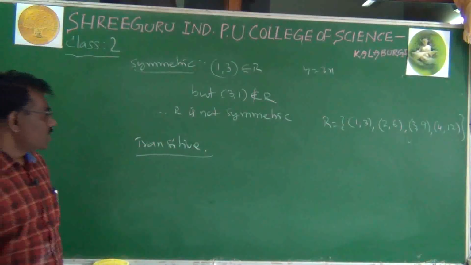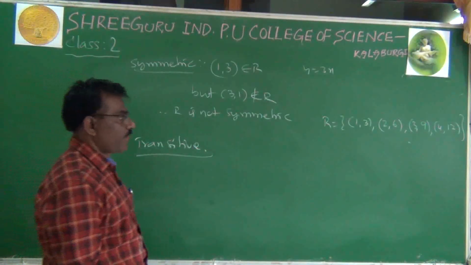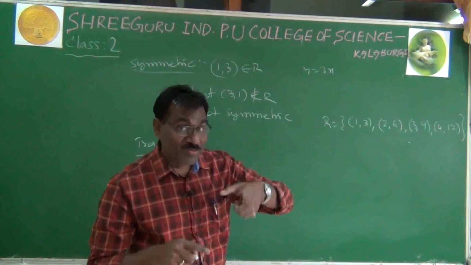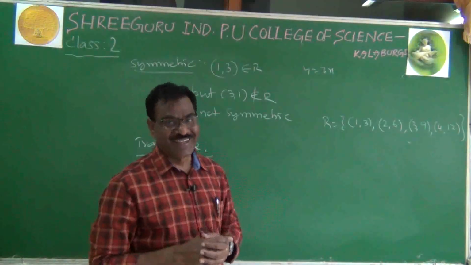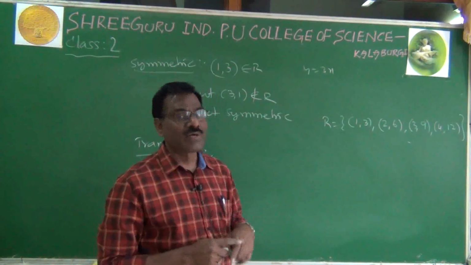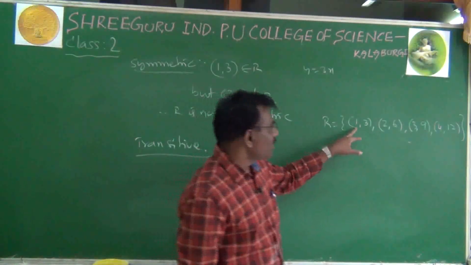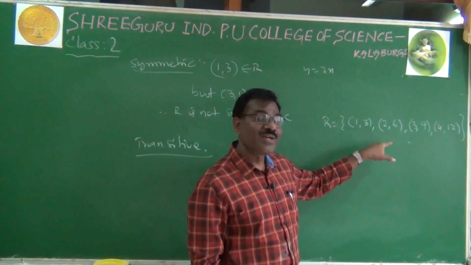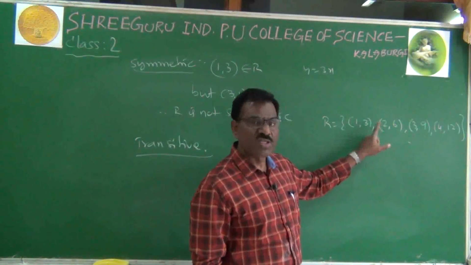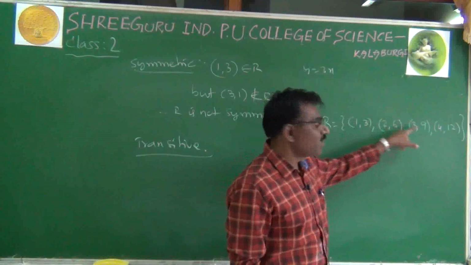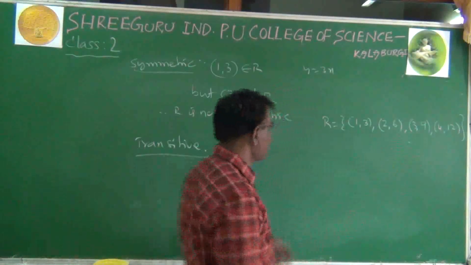So whether transitive is possible or not. Transitive means a comma b, b comma c. So 1, 3 and 2, 6 is not possible because I want a comma b, b comma c, so this must be the same. Okay, you don't take this. So 1, 3 and 3, 9: you take 1, 3, 9.